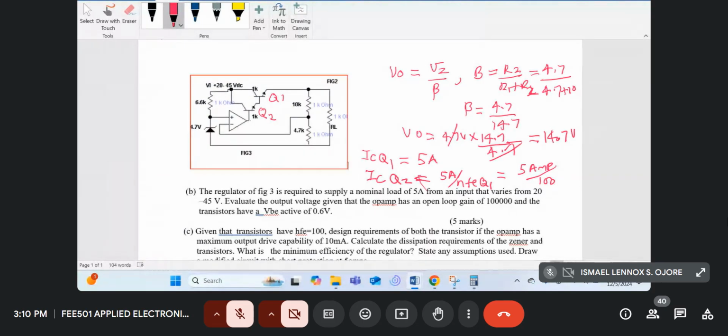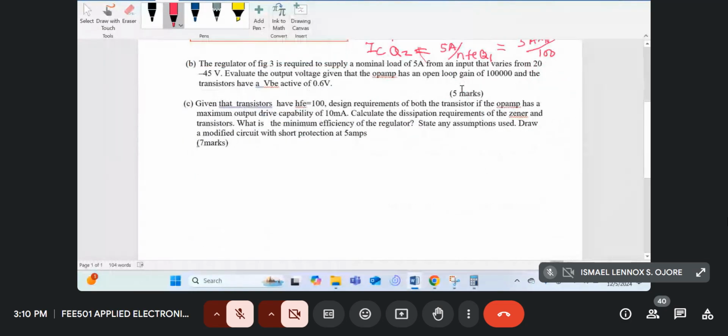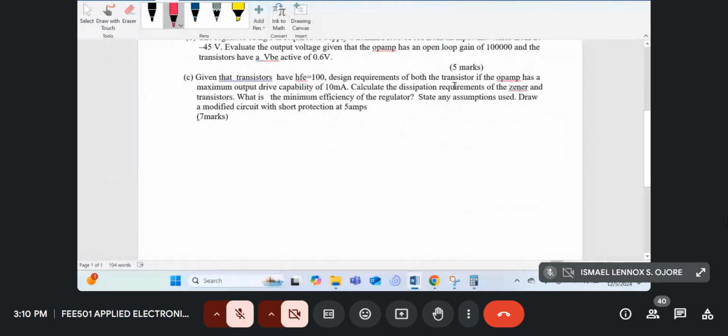So let's get the power dissipation of Q1. So we can write PD Q1. This is at maximum load. It will be IL times VCE of Q1. And IL is 5 amps.